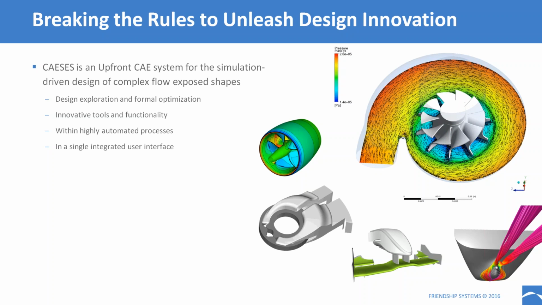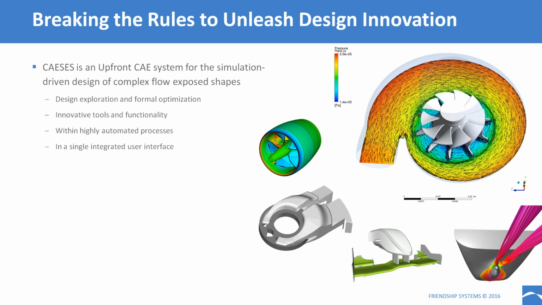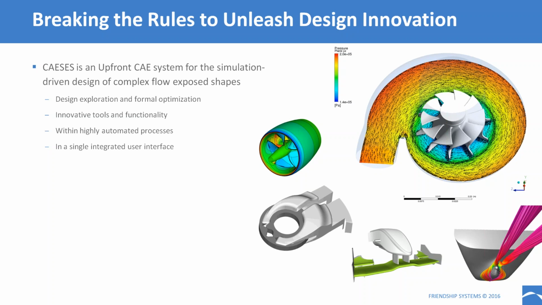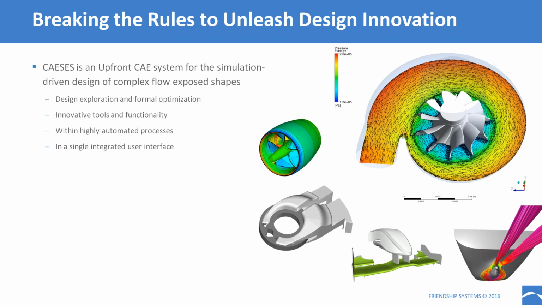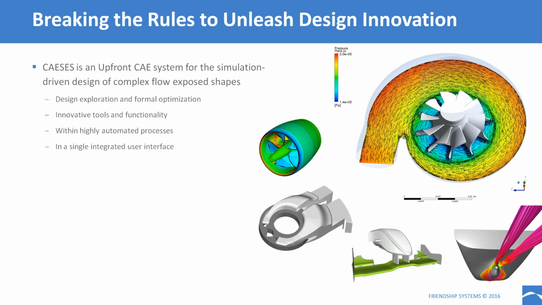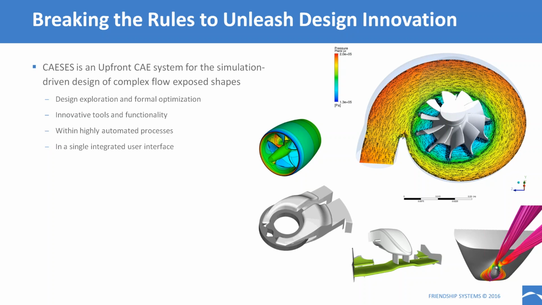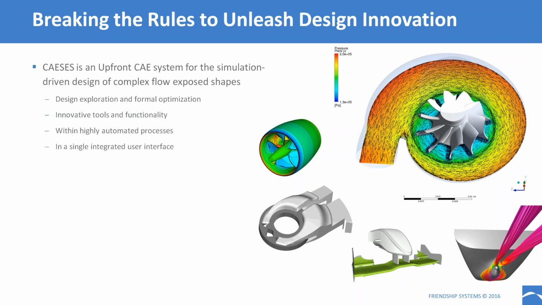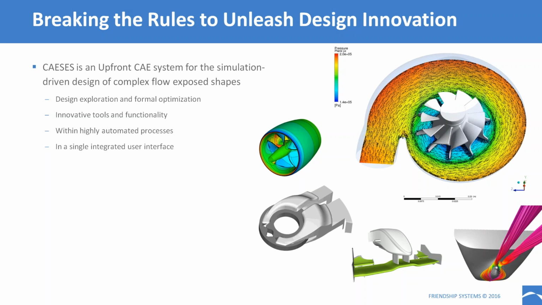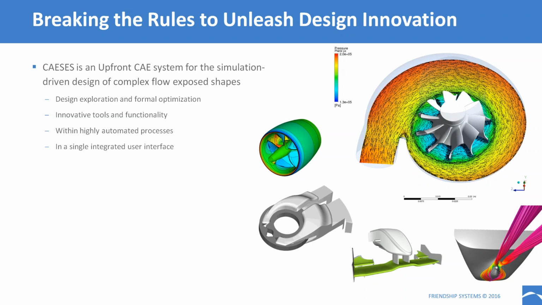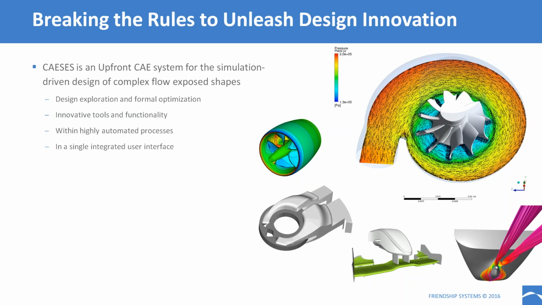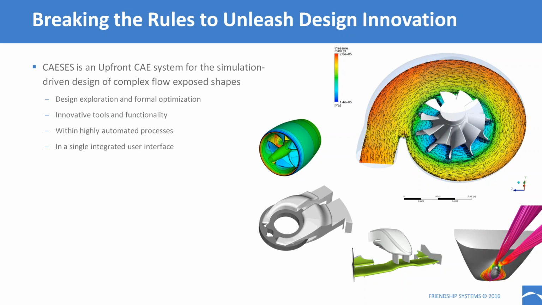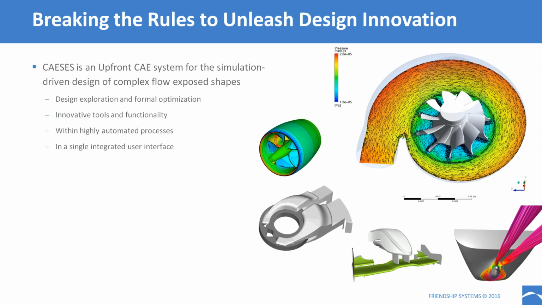So let me get started with the Friendship Systems side. As I mentioned, we are a software developer that is located in Potsdam in Germany. And we produce a software that is called CAESES. CAESES is a so-called Upfront CAE system, which means it's a CAE platform that is intended for this so-called simulation-driven design of any type of shape that is complex and exposed to a flow.